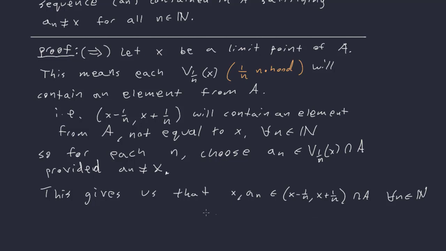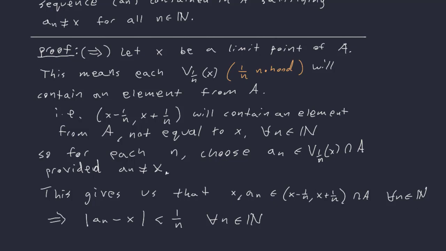Okay, now if both of these elements are in these sets for all n, this implies that the distance between a_n and x is less than 1 over n for all n in the naturals. Okay, and it will be less than.